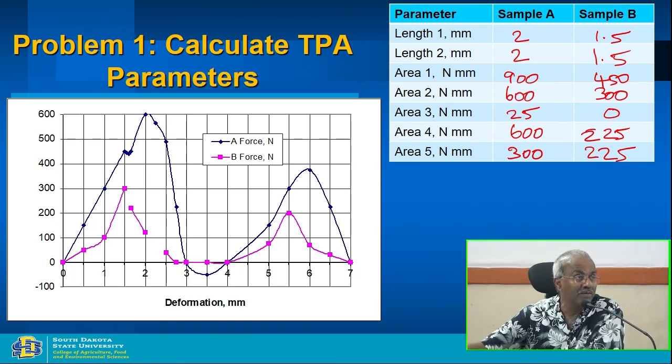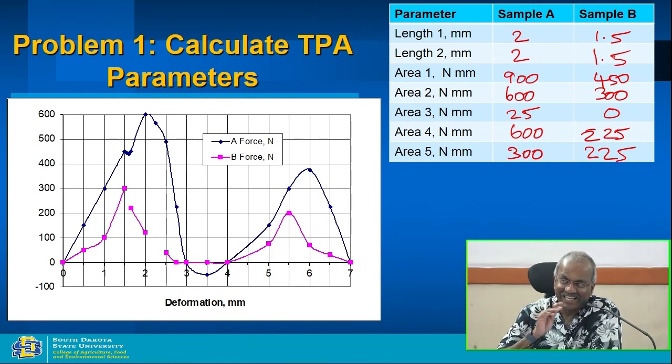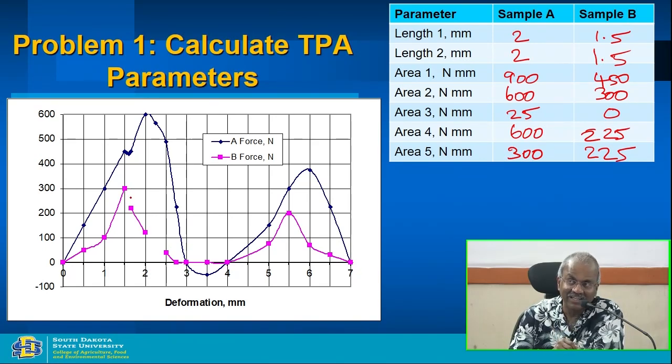Yes, ma'am. Yes, sir. Please repeat area 4. How did I get the number? Okay. All I did was approximation to the core. Your software will not make the same mistake. It will go and find each and every square, and then it will count like that. Okay. Area 4 is nothing but this area. And this is area 5.